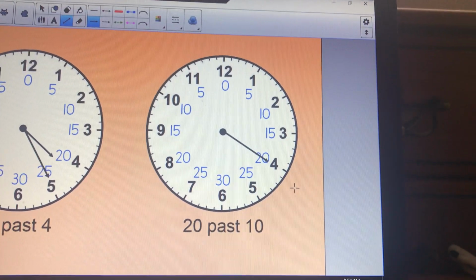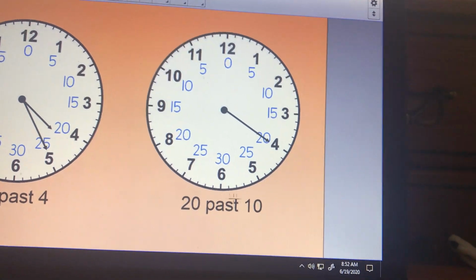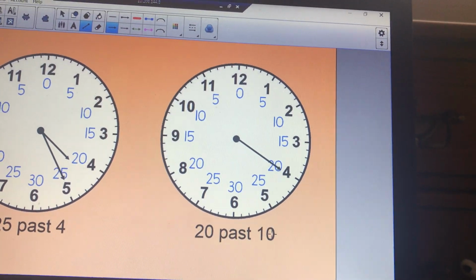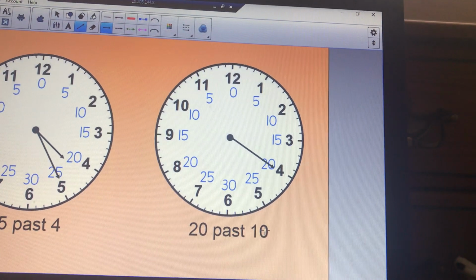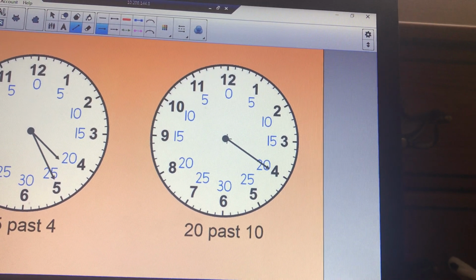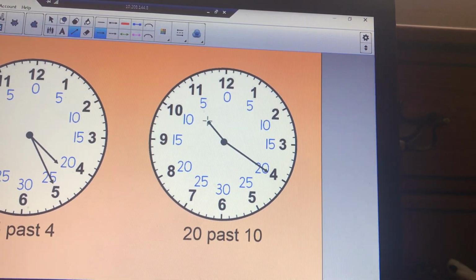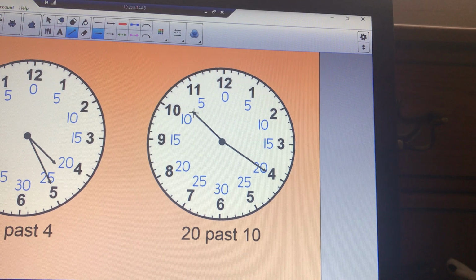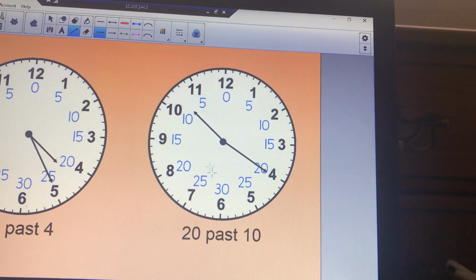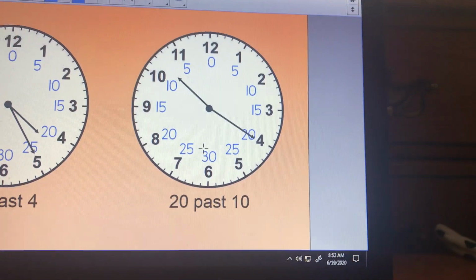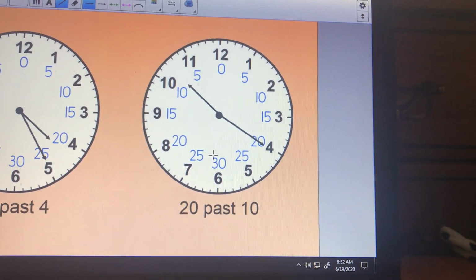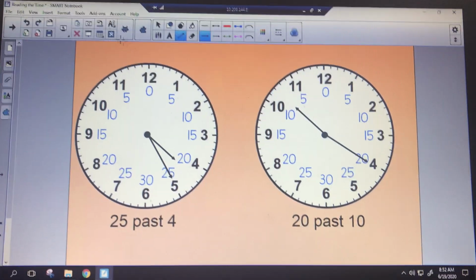So 20 minutes past is pointing at the 4, and the hour that we are 20 minutes past is the hour 10 o'clock. So my short hand, I'm going to put almost halfway between 10 and 11 because we are 20 minutes past 10 o'clock.